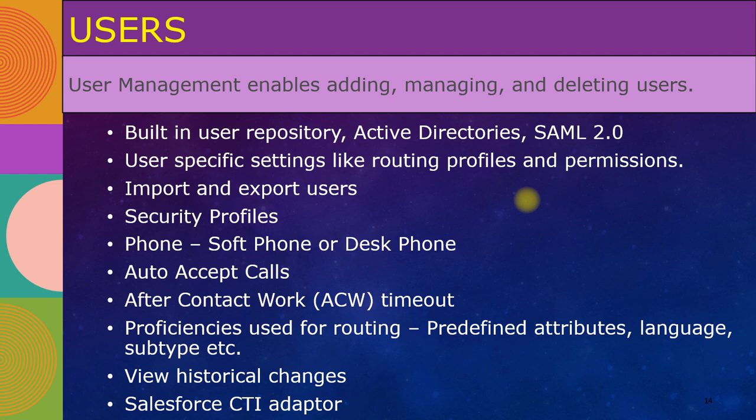We also talked about users using a soft phone or a desk phone. So the agent is picking up the call using, let's say, the soft phone. They log into Amazon Connect, go to their contact control panel, and pick up the call and accept the call. It also supports auto accepting calls, but usually the agent wants to define the ACW timeout.